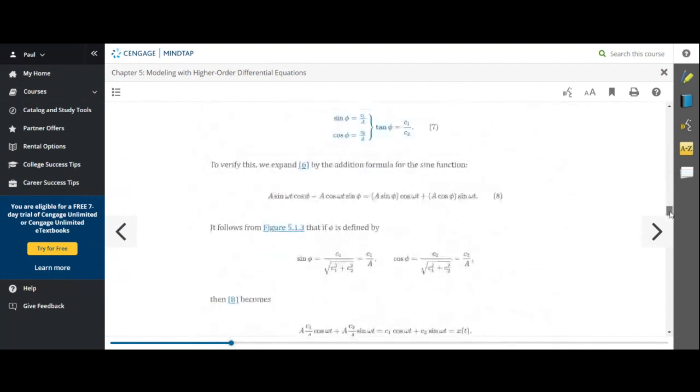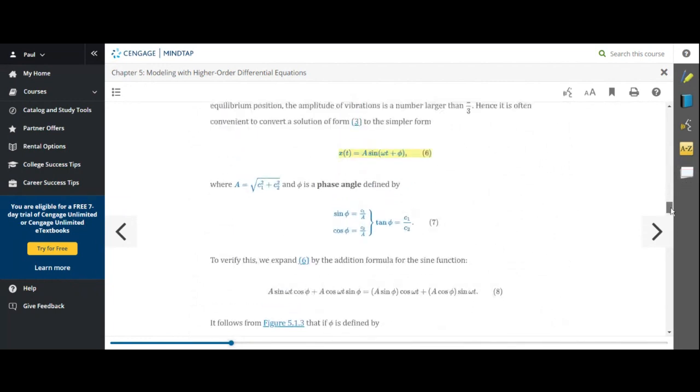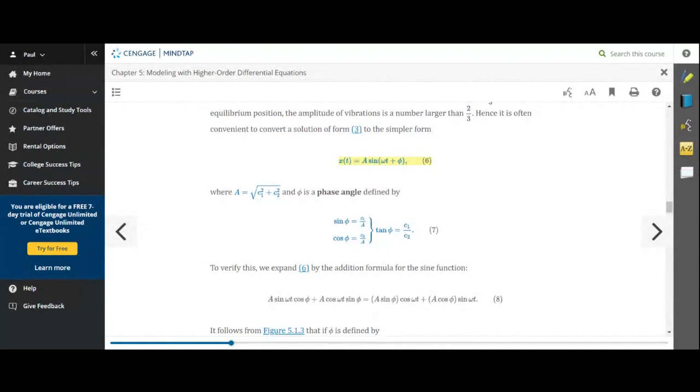All right, they start here with equation 6. And remember, you have an addition formula for the sine function if you have the sine of alpha plus beta. How many remember from trigonometry or maybe pre-calculus addition formulas for sines of sums of angles and cosines of sums of angles?